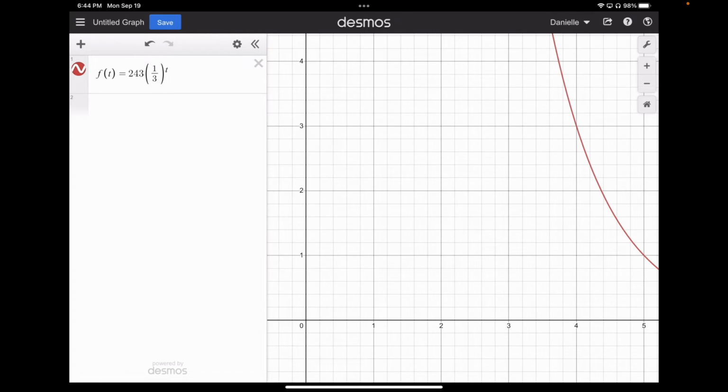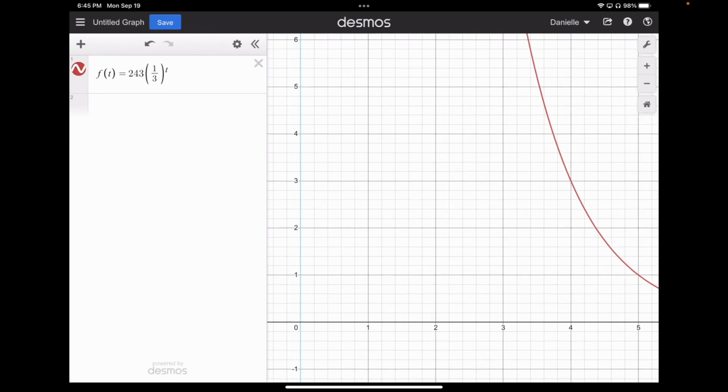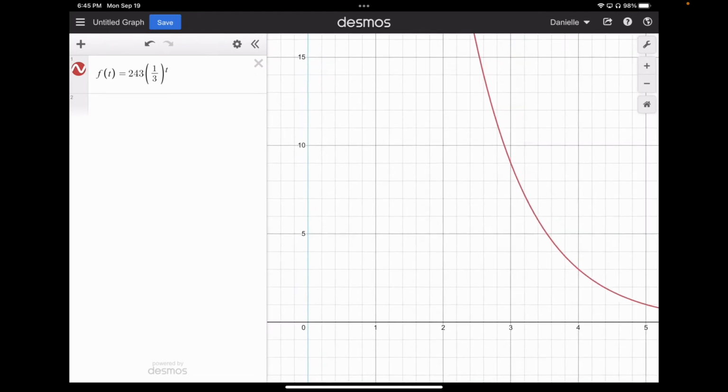But when I zoom in equally, it doesn't quite show. So what we're actually going to do is shrink the y-axis, the vertical axis. I'm going to do that with my touch screen, because this is my tablet.